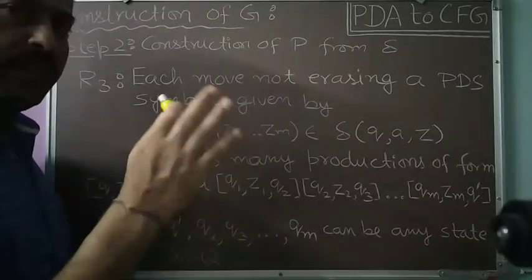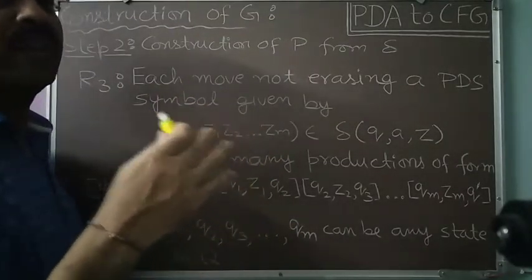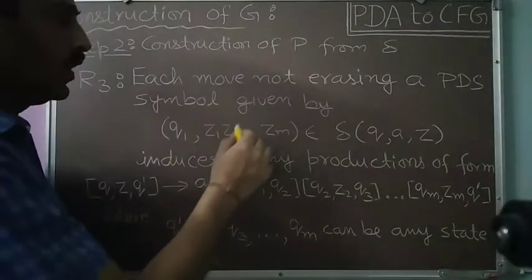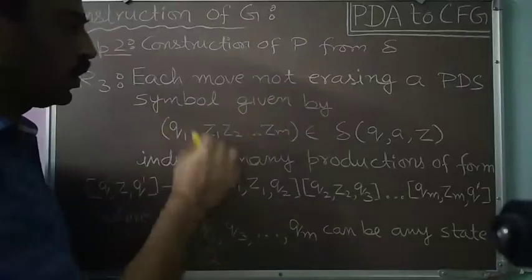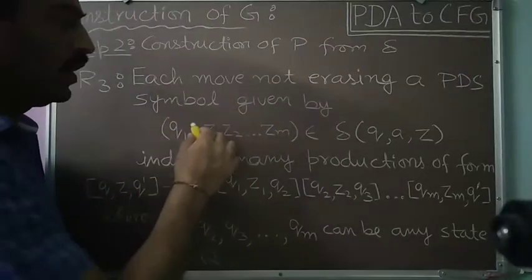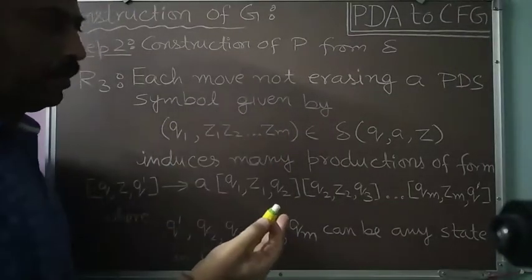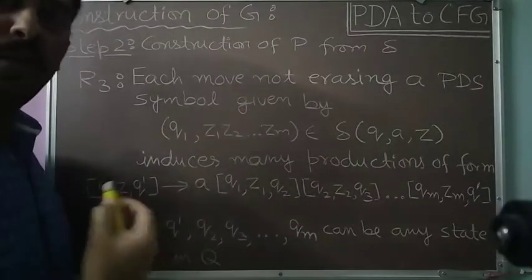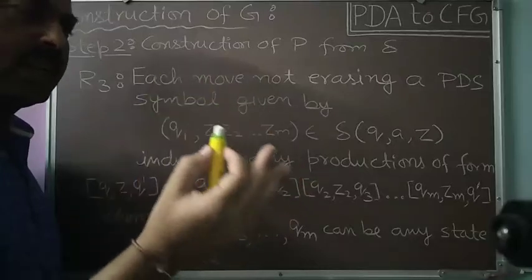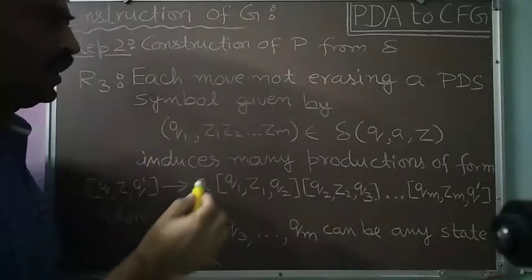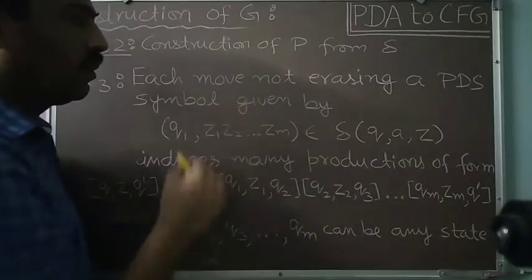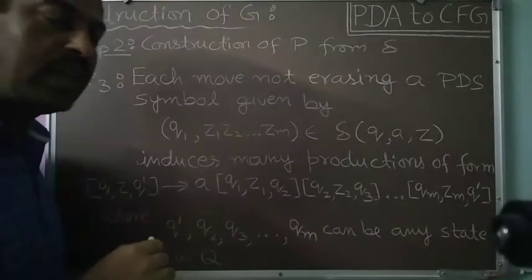So we can very easily distinguish between erasing moves and non-erasing moves. Erasing moves are those where we write null to the pushdown store, and non-erasing moves are those where we write some symbols, whether a single symbol or multiple symbols, over the pushdown store. In other words, in effect we are either maintaining or increasing the number of symbols stored over the pushdown store.